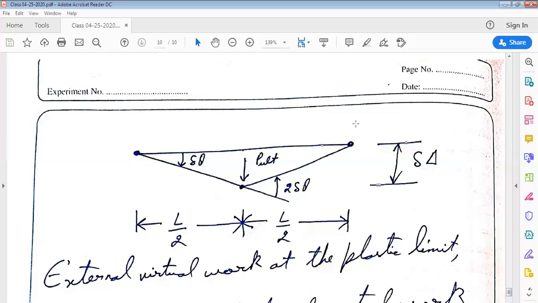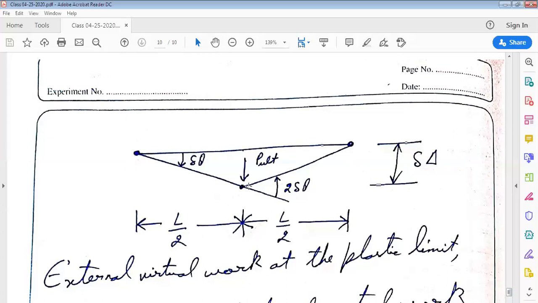One hinge is here, one hinge is here. This hinge was already there because it is free to rotate at this point. The slopes are allowed here. This hinge we have introduced at the location of maximum moment, and this hinge also we have located at the location where the moment is high.